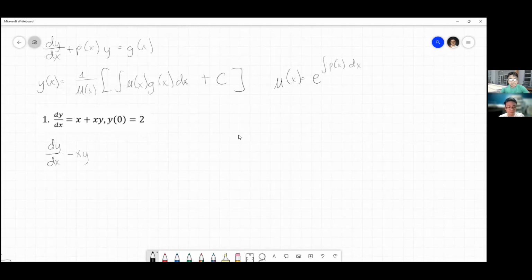And then wala na natira. So equals g of x, some function in terms of x. So nagmamatch naman siya dito. Okay, so ito yung ating rearranged form na fina-follow.